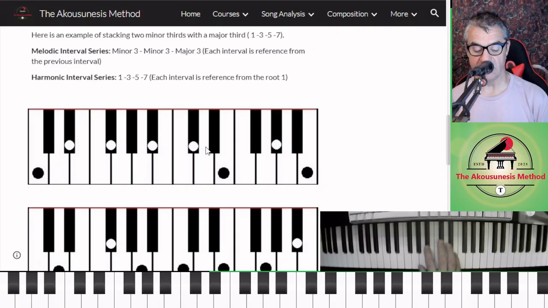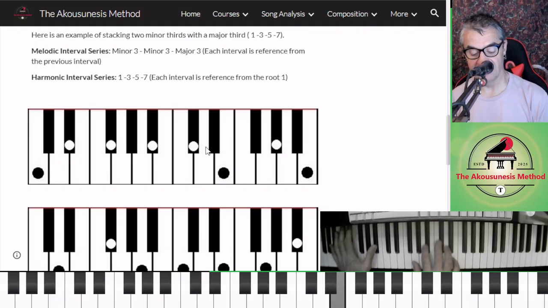Now, when you want to start using this to make songs, what you do is you start focusing in on what you're creating, and then what comes in is a visual memory, that you're memorizing what you're doing.